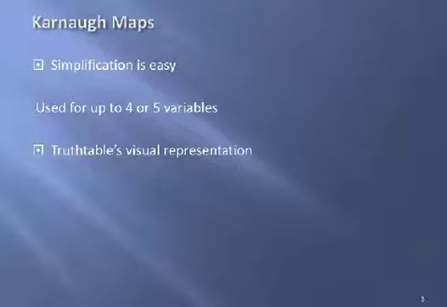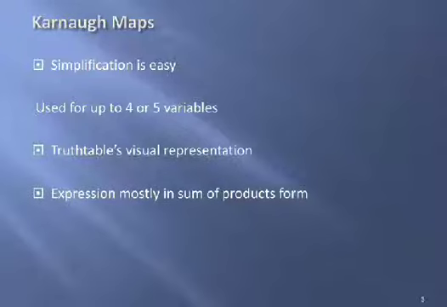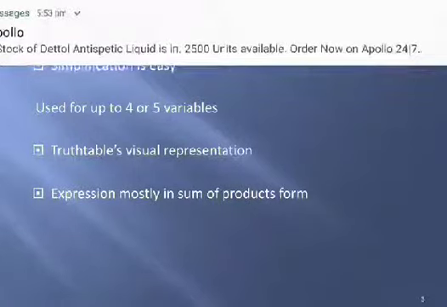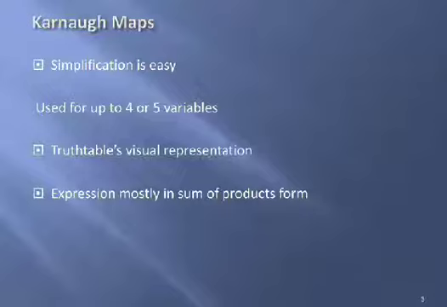We will see the procedure of simplification of SOP or POS form with the help of K-maps. After simplification, the expression is mostly in sum of products form or product of sums form. Again, whatever concepts we have learned in SOP and POS forms, like min terms and max terms, we will incorporate in K-maps for the simplification of SOP and POS forms.